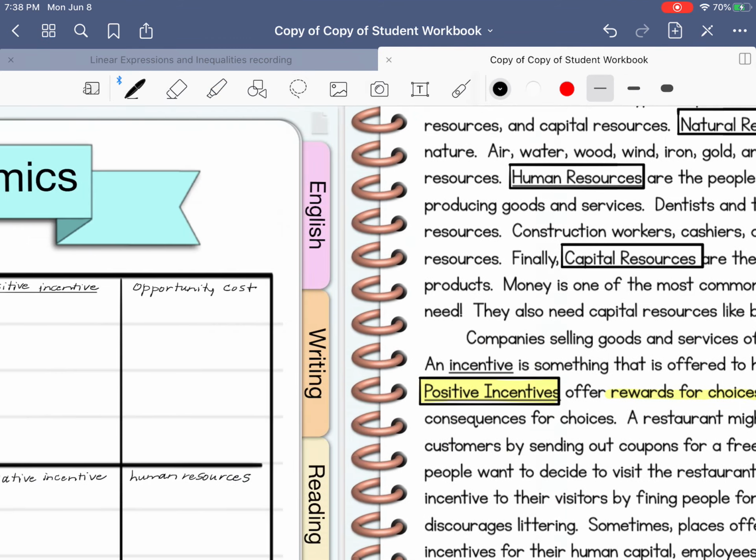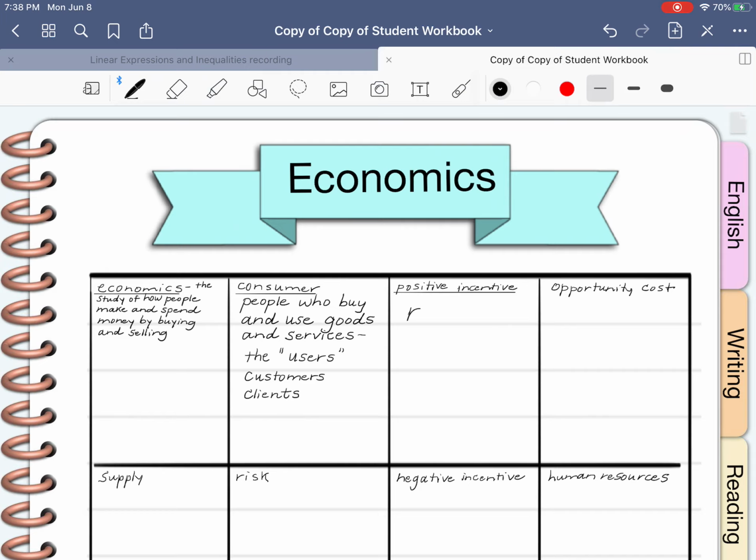Positive incentives are rewards, like coupons and rebates, that make us want to buy or make us choose a product. Like coupons, like I said, rebates, those kinds of things.